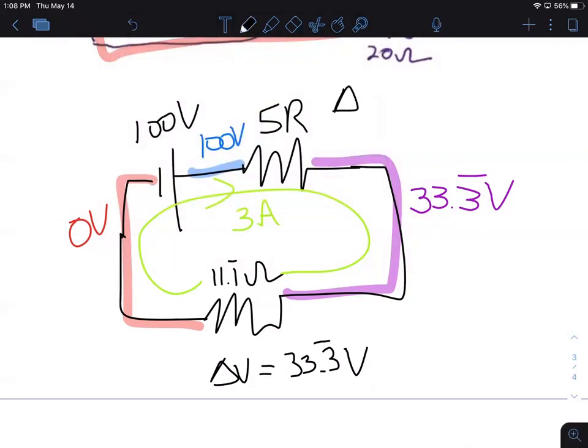delta V equals 66.6 repeating volts. And we know that equals IR, or in this case, I times 5R, I should say.